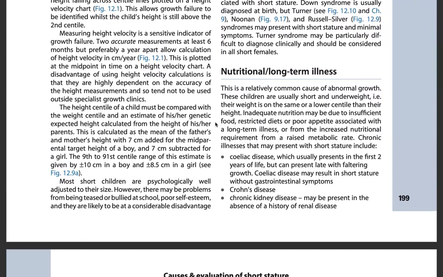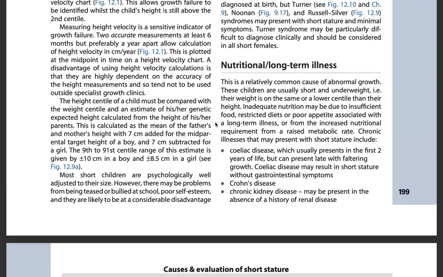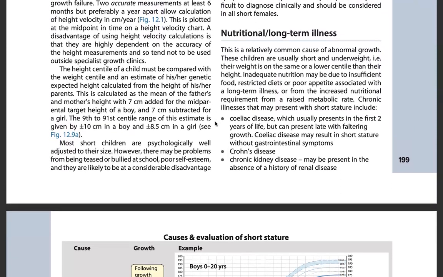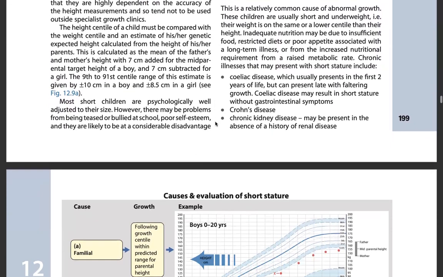A disadvantage of height velocity calculation is that it is highly dependent on the accuracy of the height measurement, and so tends not to be used outside specialist growth clinics. The height centile of a child must be compared with the weight centile and an estimate of his or her genetic expected height, calculated from the height of his or her parents.